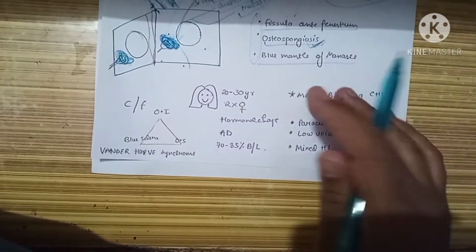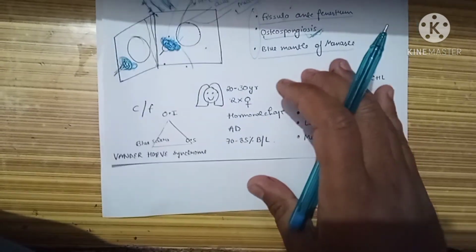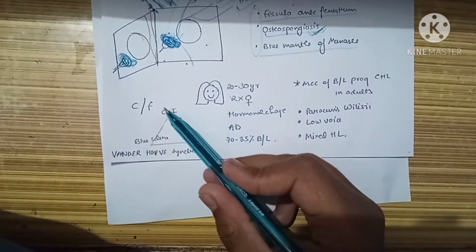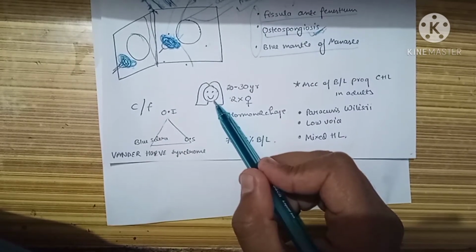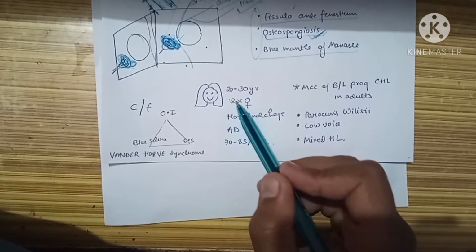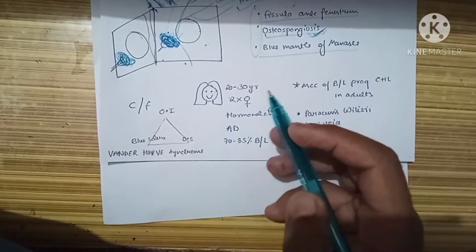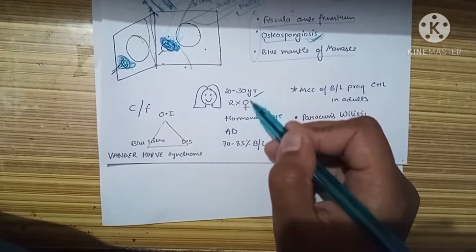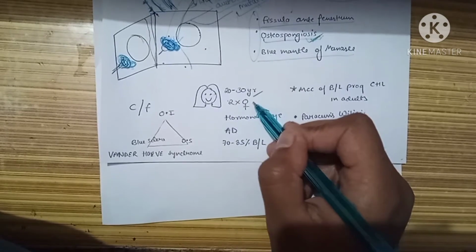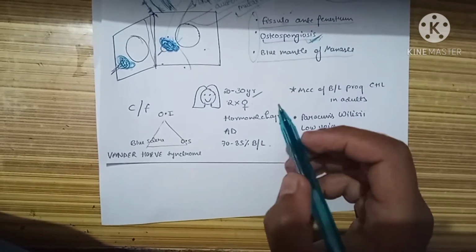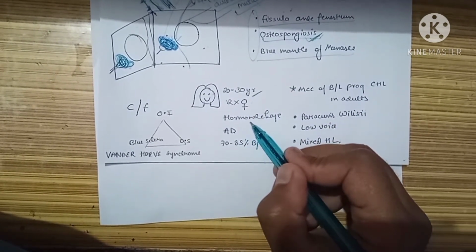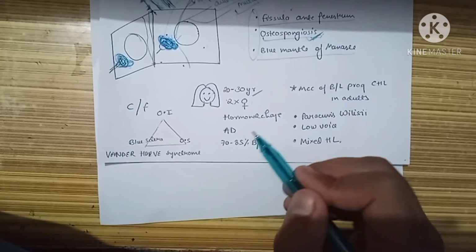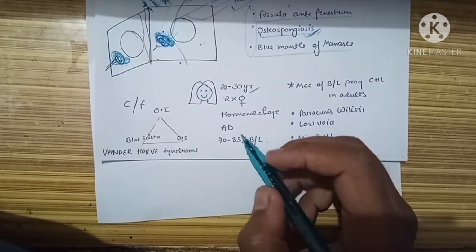Now moving on with the clinical features of otosclerosis. The patient of otosclerosis is generally a female because they are twice as prone to otosclerosis, and this is during the third decade. So there will be a woman in her third decade who is having otosclerosis. Now this condition is stimulated by hormonal changes, like pregnancy, menopause or some other hormonal changes.